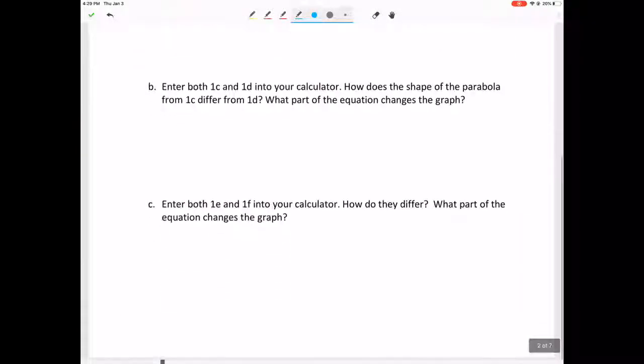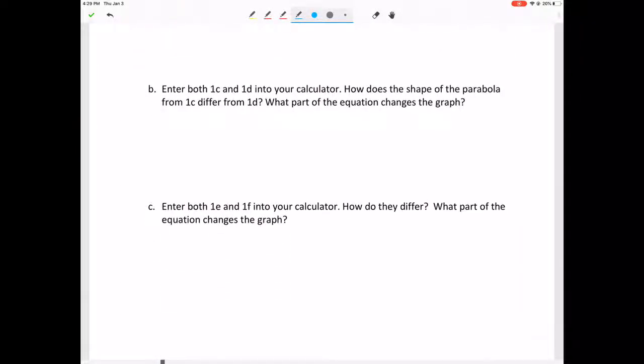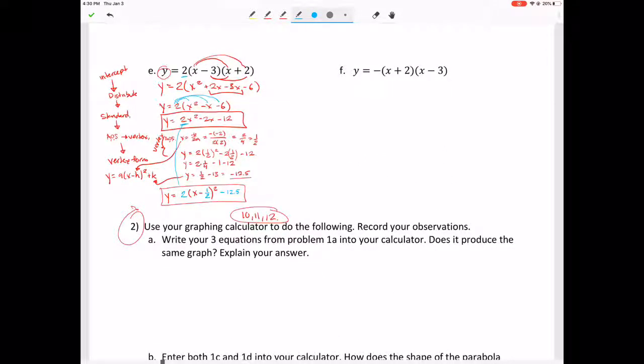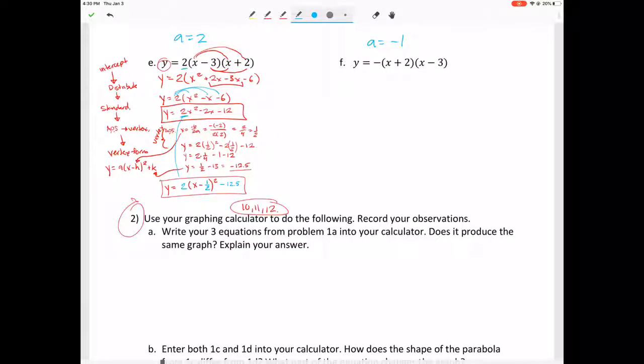Okay, and then finally C, enter both 1E and 1F. How do they differ? This is a little more complicated. If you look at E and F, again, the only difference is our A value. Here A equals -1, and for E, A equals 2. What can we find from those A values?